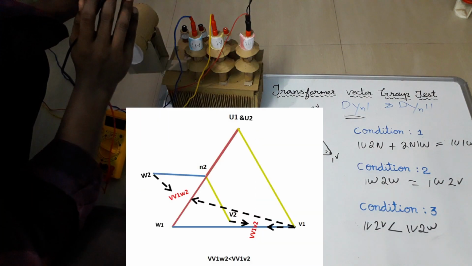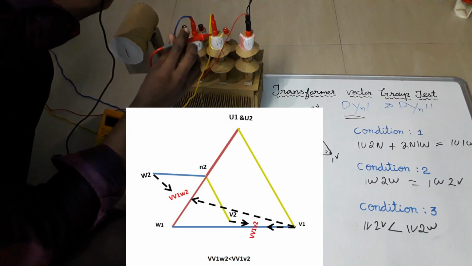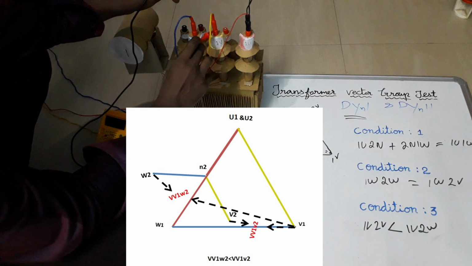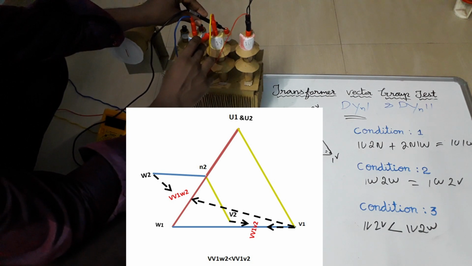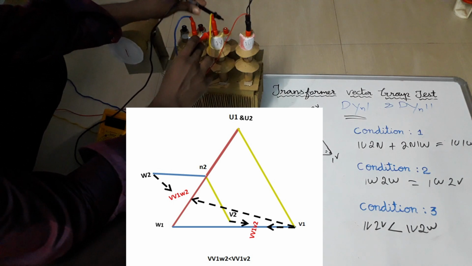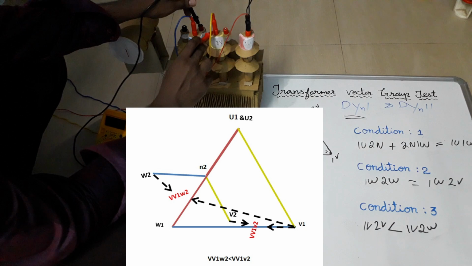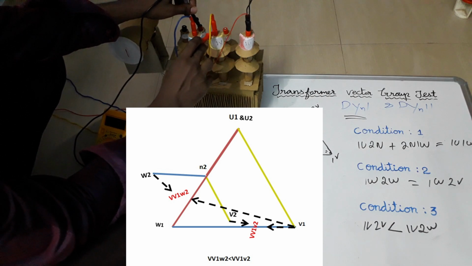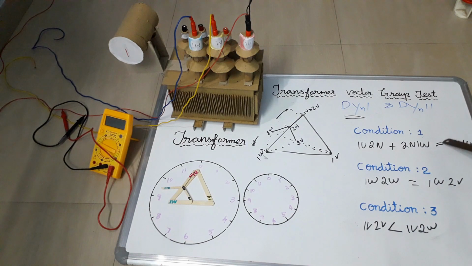For checking voltage on condition 3, we have to check from HV side Y phase voltage to LV side Y phase voltage. It should be lesser than HV side Y phase voltage to LV side B phase voltage. This should be greater than our previous value. If all these 3 conditions get satisfied, then our vector group Dyn1 gets passed.